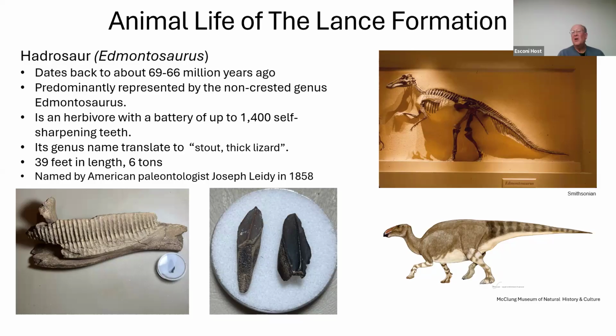The genus name translates to stout, thick lizard. Everything to them was lizards, I guess, back then. They can be 39 feet in length and weigh as much as 6 tons, which is quite a large animal. It was named by Joseph Leidy in 1858, quite some time ago, so it was discovered a long time ago.